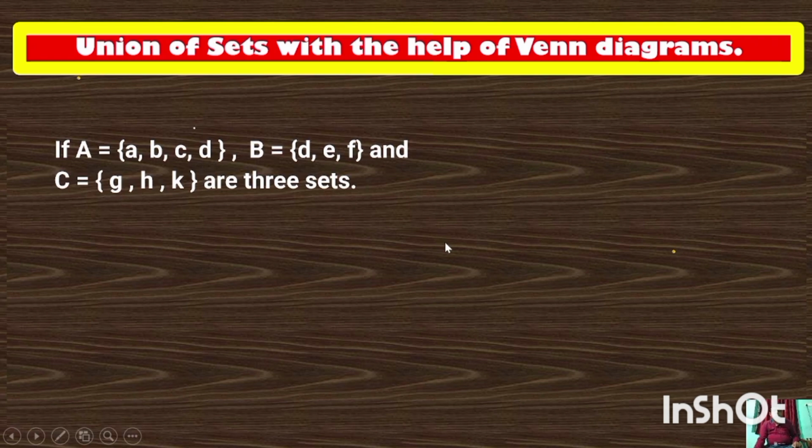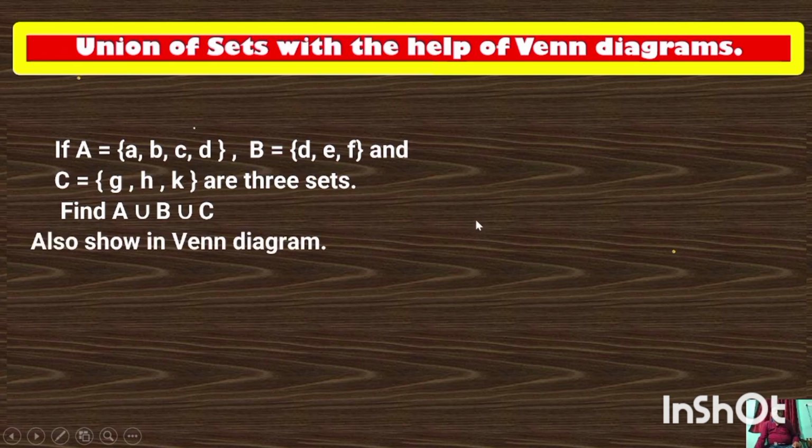We can take the union of more than two sets also. Here find A union B union C, the combination of three sets. According to the definition, the union set means all the elements of A, B, C are taken while forming the union set of A, B, and C.